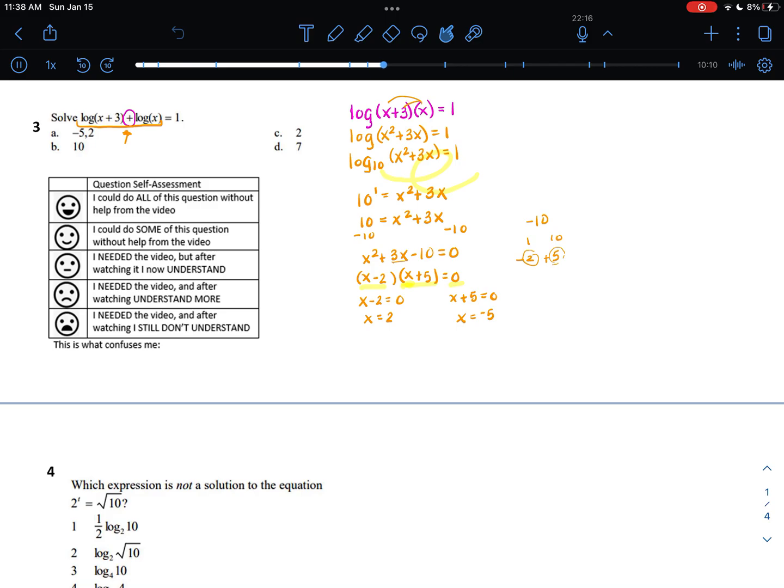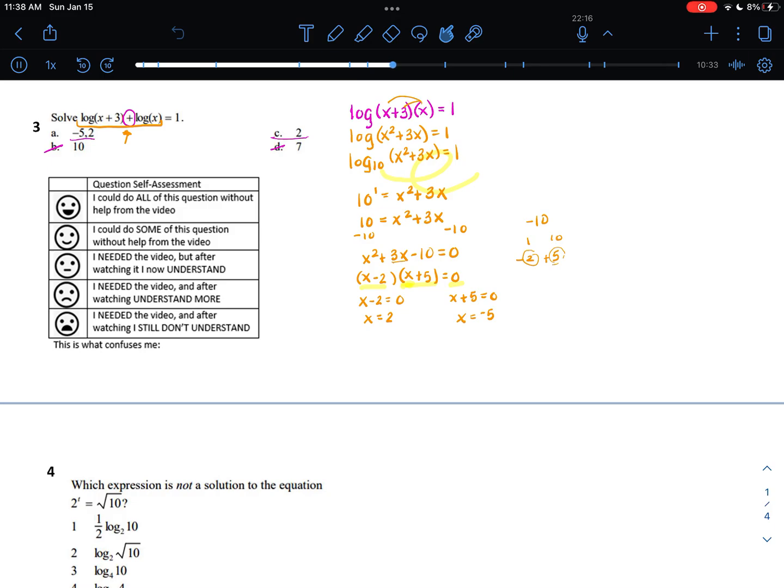Looking at my answers, I can see that 10 is not an answer I'm going to want, and 7 is not. I do see my answer here, but before I choose A, we need to talk about my solutions and see if they're valid for a logarithm. Let's look at x equals negative 5.